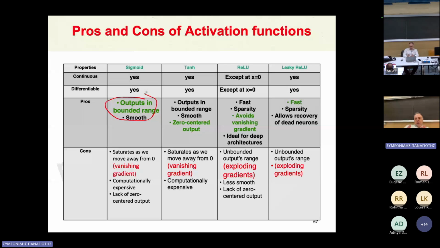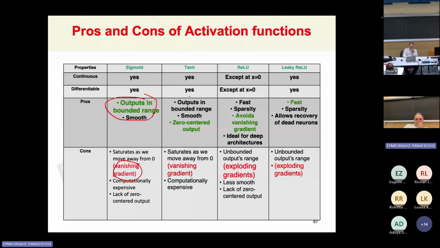However, it has the vanishing gradient problem. This makes the algorithm move around the zero, so it cannot converge easily because of the vanishing gradient.